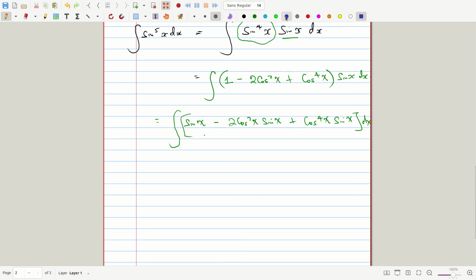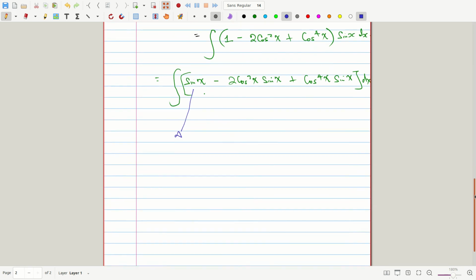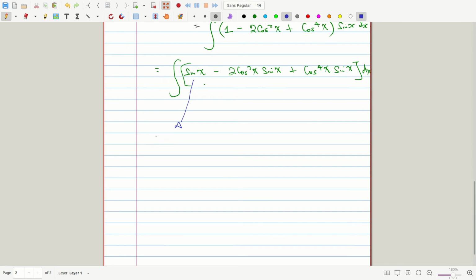So term by term here, we know that the integral of sine x is simply going to be negative cos x. Maybe for those who are not familiar, we can start with the reverse process. Since integration is the reverse of differentiation, we know that if we differentiate cosine of x, we get negative sine x.